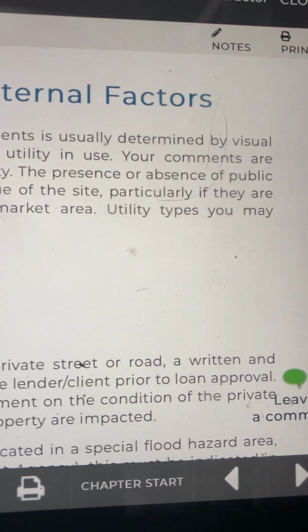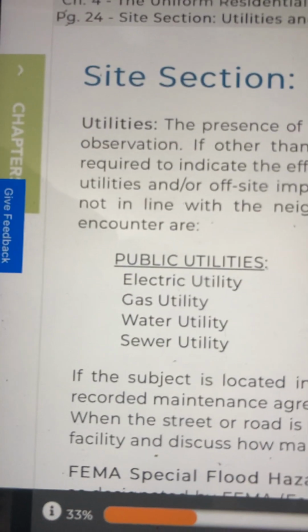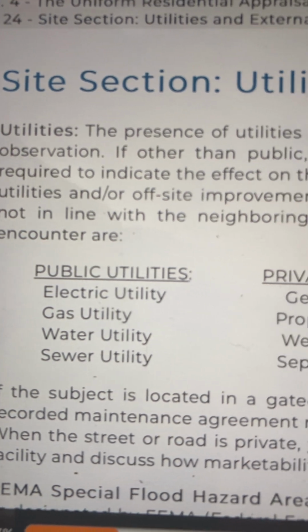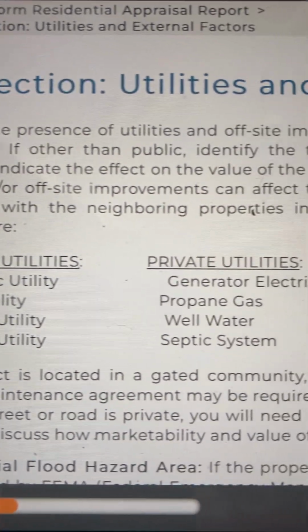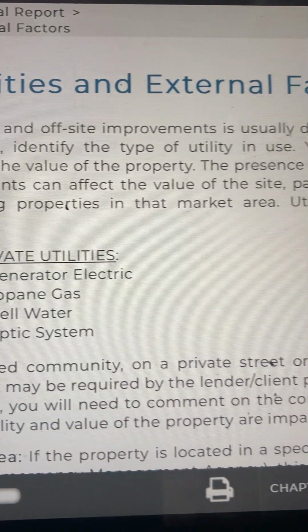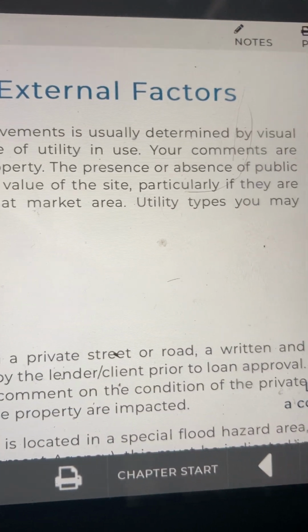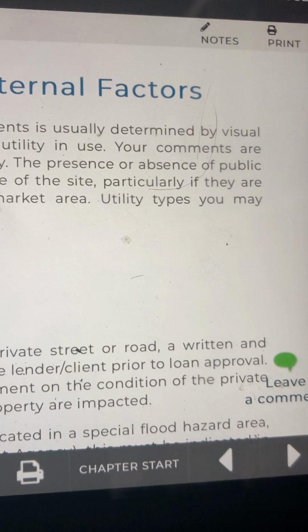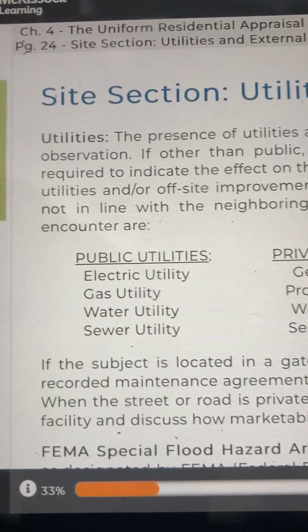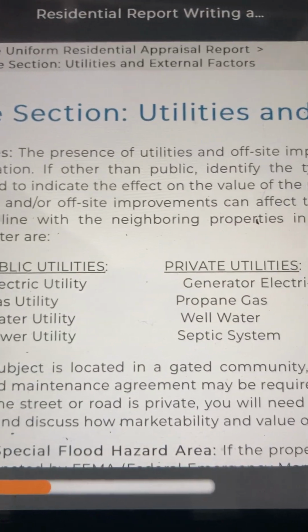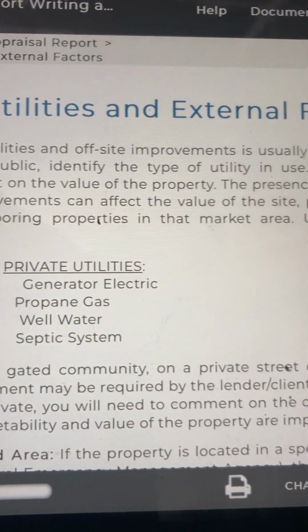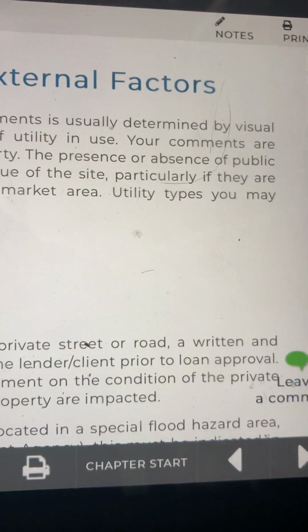The presence or absence of public utilities and/or off-site improvements can affect the value of the site, particularly if they are not in line with the neighboring properties in that market area.